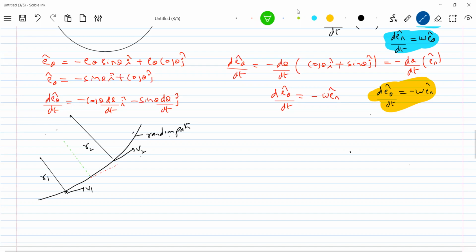Unit vector tangential direction and radial direction. So velocity directed along tangential direction, I'll call v theta. And velocity directed along radial direction is called VR. Look at the R. R is also varying here. So two quantities are defined.